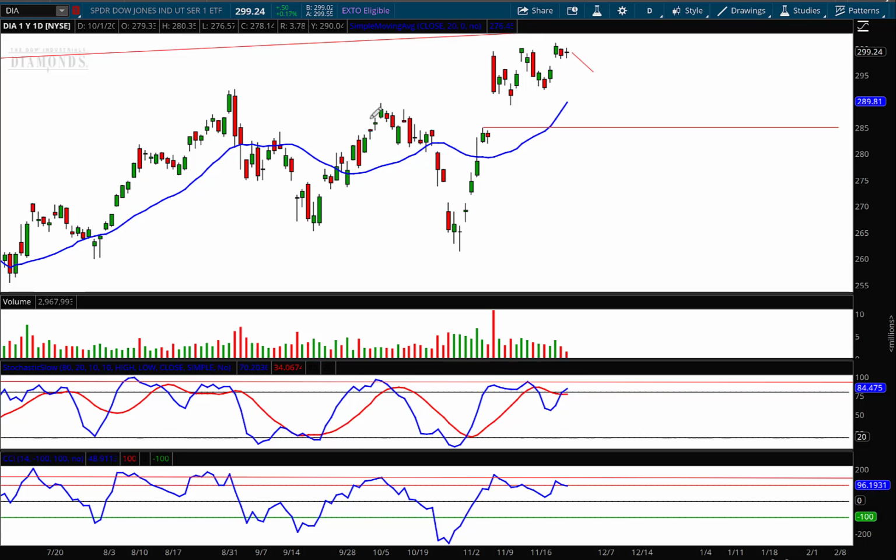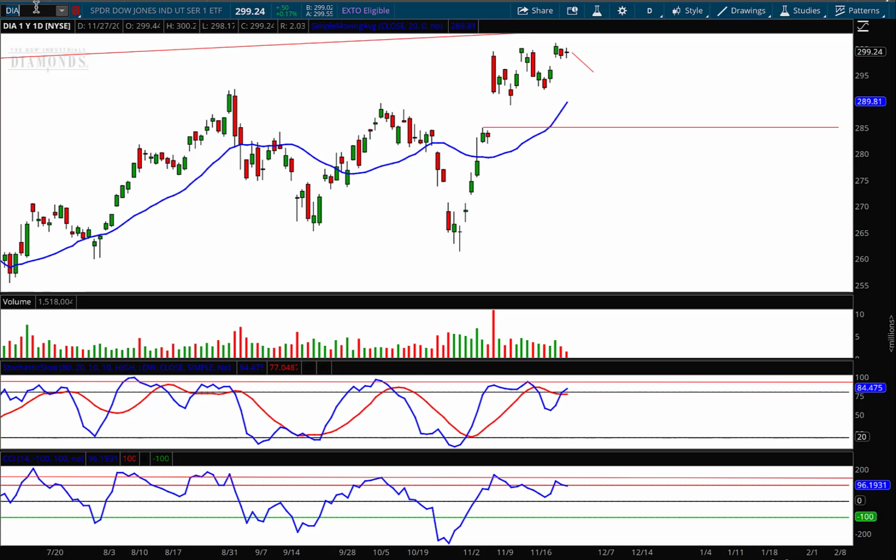Because if you look, this too is a higher high followed by lower lows. So we more or less have a megaphone or broadening pattern within a broadening pattern. And I've never seen that in my 40 years of analyzing the markets. So take this for what it's worth. Hopefully you're taking it as a risk management tool and moving forward that way.